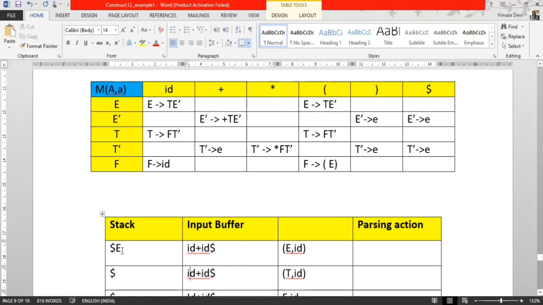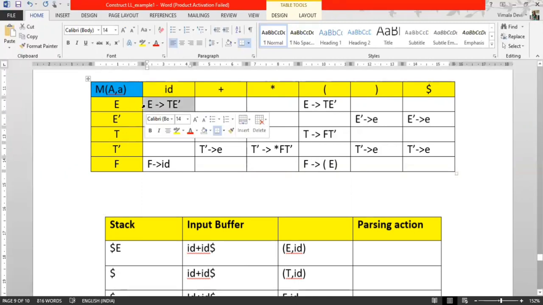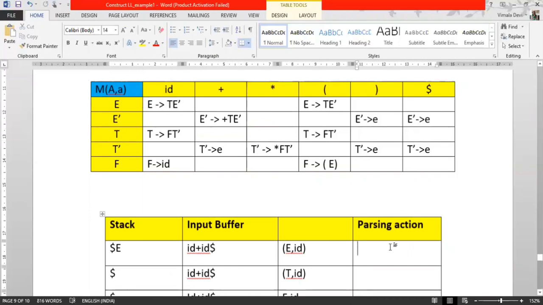Now just consider the symbol available at the stack and the first symbol the parser is going to read. So E comma id. E comma id, in fact, is the cell address in the parsing table. You just check what is there in E comma id. It is nothing but E derives TE dash. So based on this rule, we are going to do the parsing action. So for E comma id, from the parsing table, the parser selected the rule E derives TE dash.